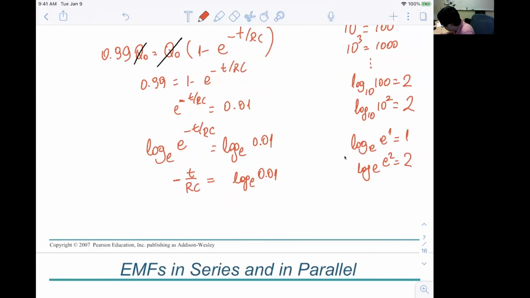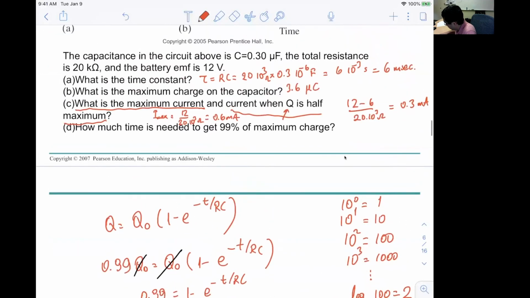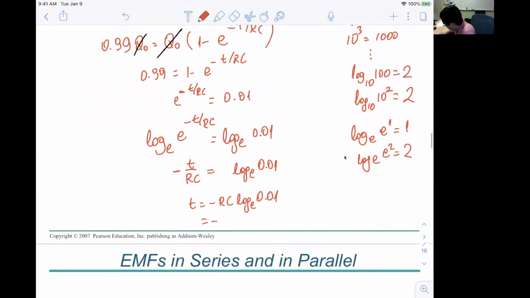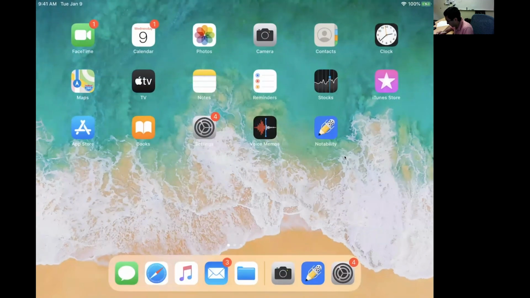Then t is going to be minus RC log e of 0.01. We know the RC is 6 milliseconds. Let's calculate this natural logarithm using the calculator.